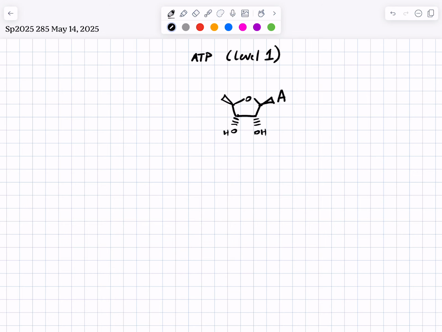There's, let's see, a wedge here, an oxygen, and then ATP is really interesting because it has 3 phosphoryl groups linked together via oxygens. People call this the alpha phosphoryl group, the beta phosphoryl group, and the gamma phosphoryl group.